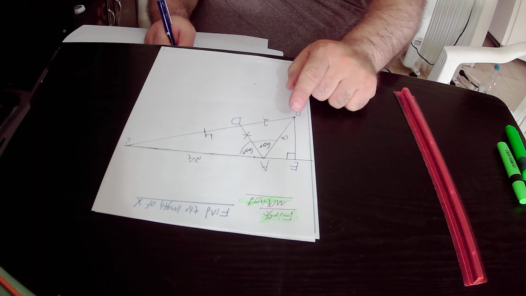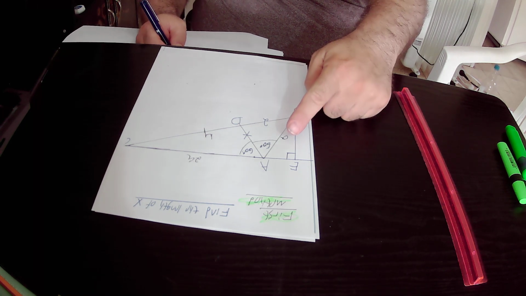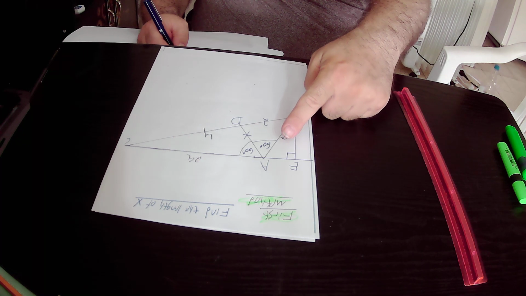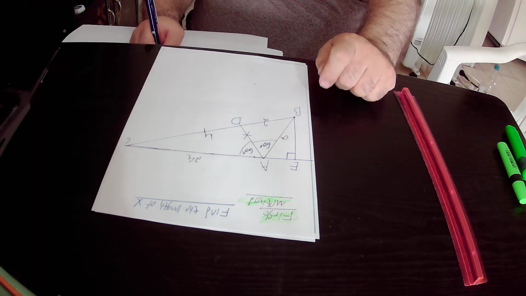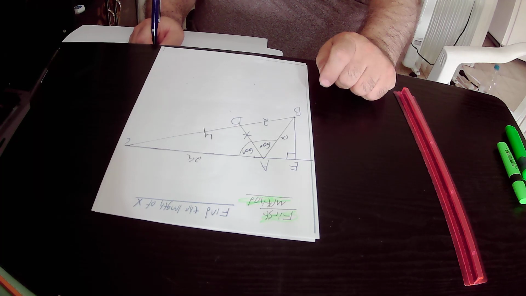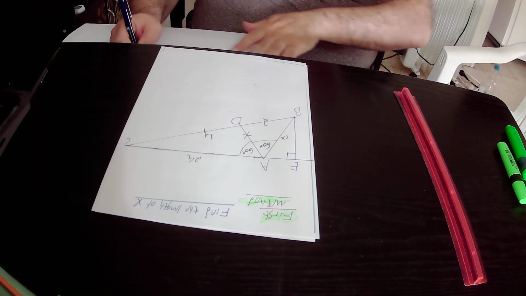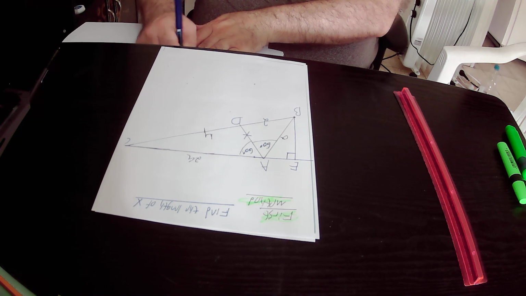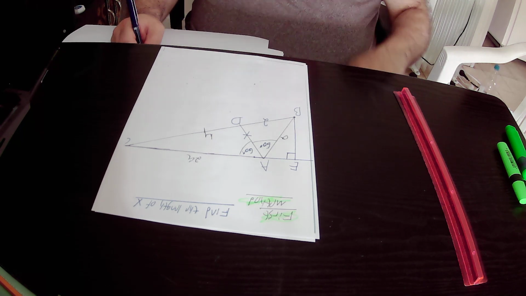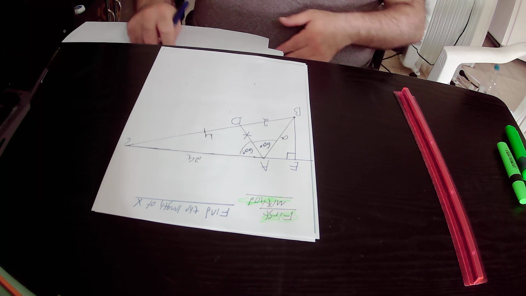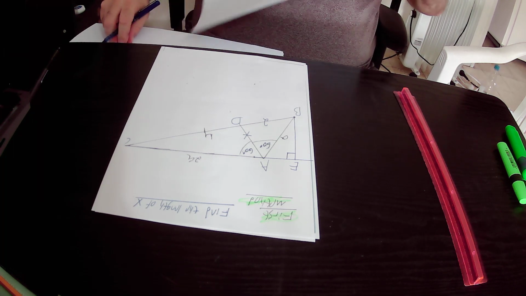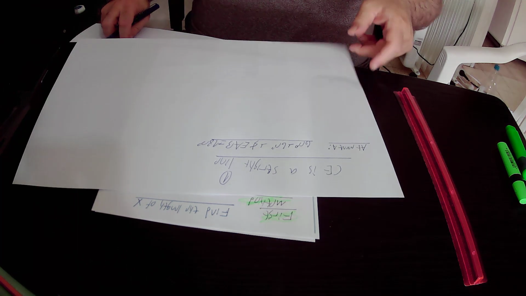plus 60 degrees, plus this angle, which is actually angle EAB. In total the sum of those three angles must be equal to 180 degrees, according to the rule that the sum of the angles on one side of a straight line is equal to 180 degrees.